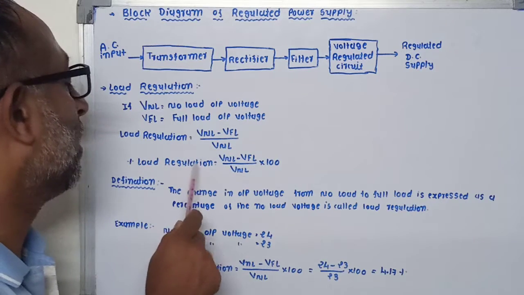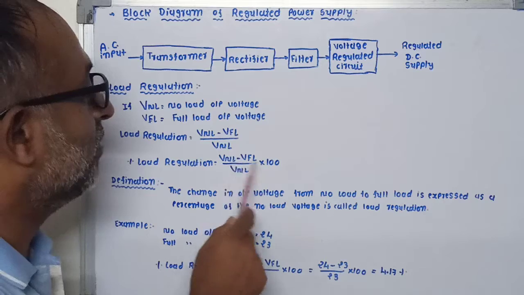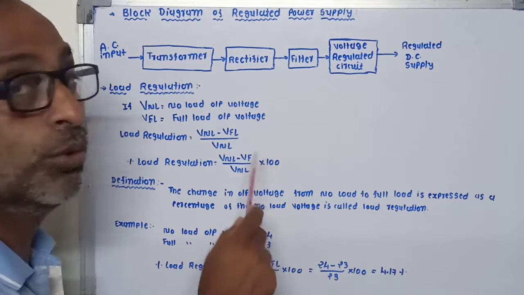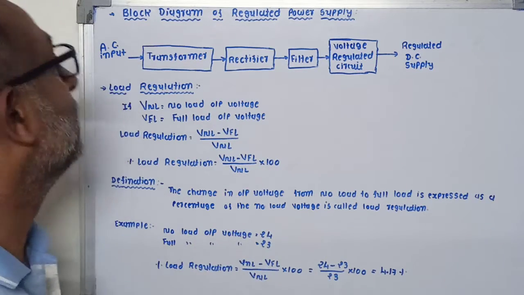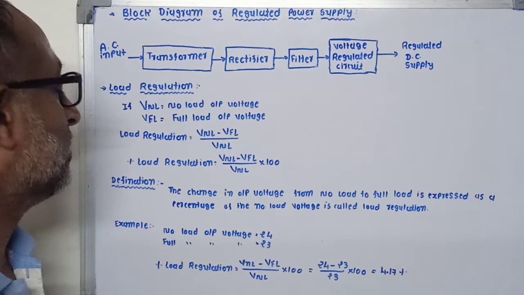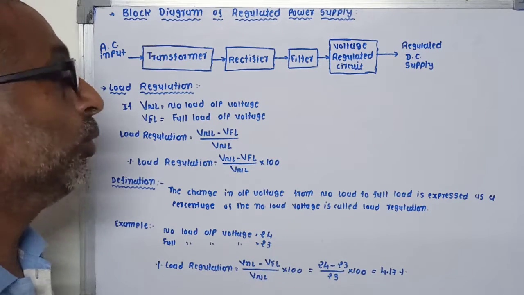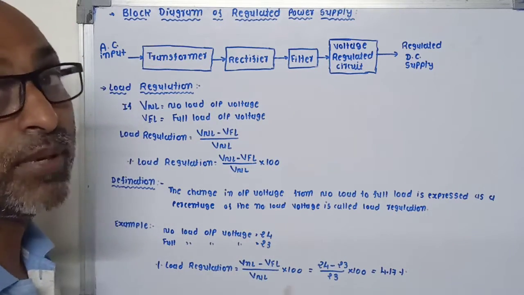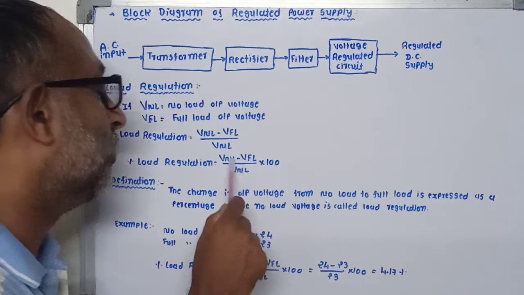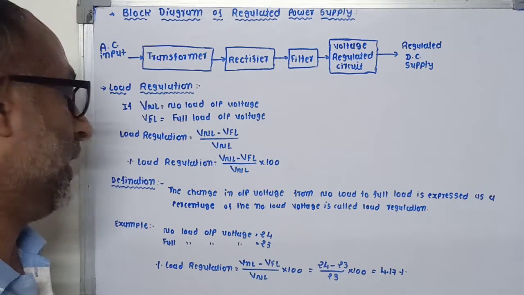So percentage load regulation is equal to (V no load minus V full load) divided by V no load, times 100. The definition: the change in output voltage from no load to full load, expressed as a percentage of the no load voltage, is called load regulation.